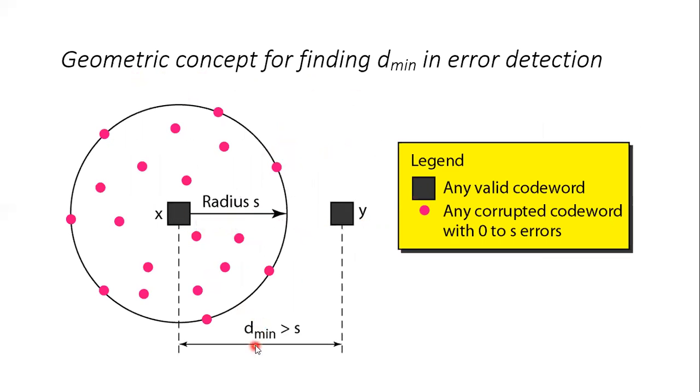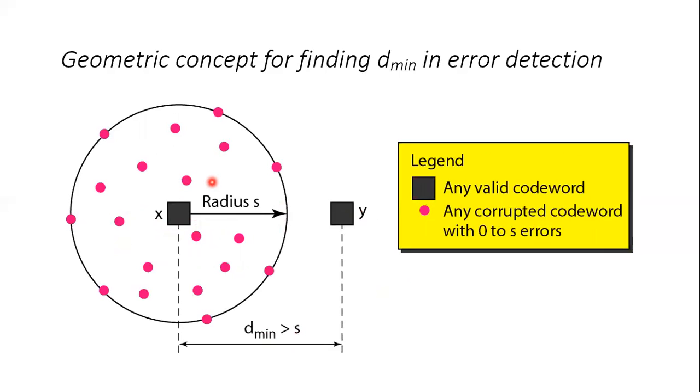Then the minimum Hamming distance should be greater than s. So this is the valid code word, and these are the corrupted code words with 0 to s errors. This is for error detection.